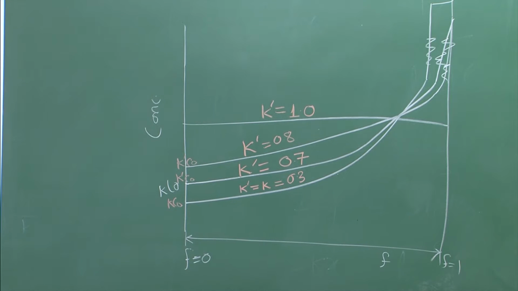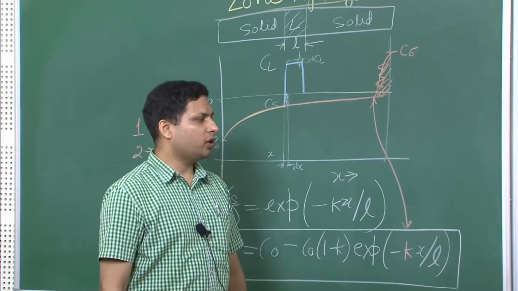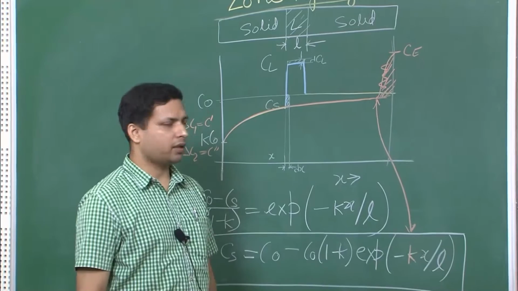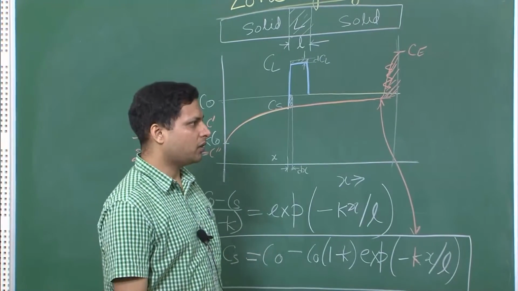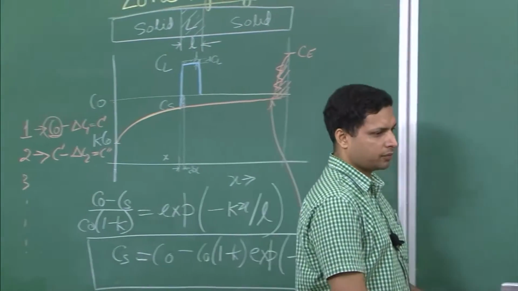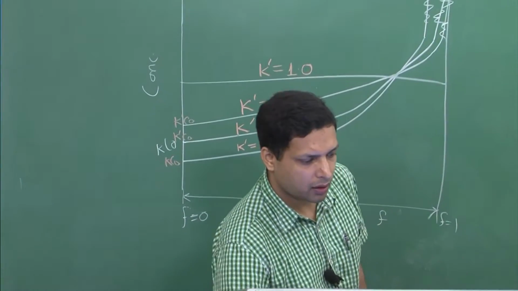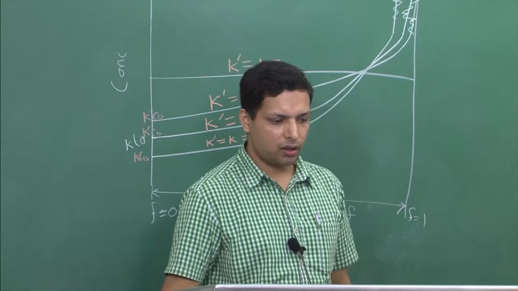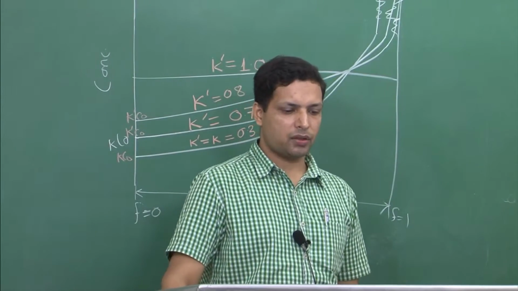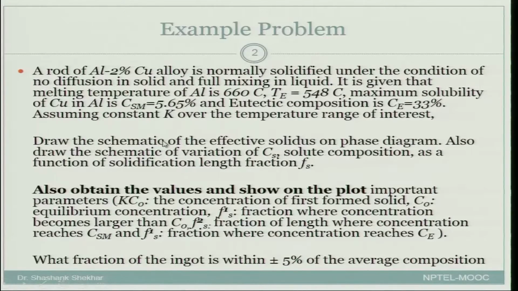So that is all of the plane front solidification in single phase alloy. Now we will quickly take a look at one example to get a better feel for this. Let us go to the slide, and what you see over here is a problem given with respect to plane front solidification.